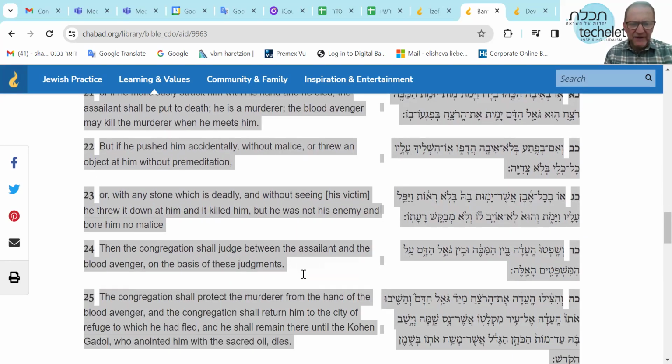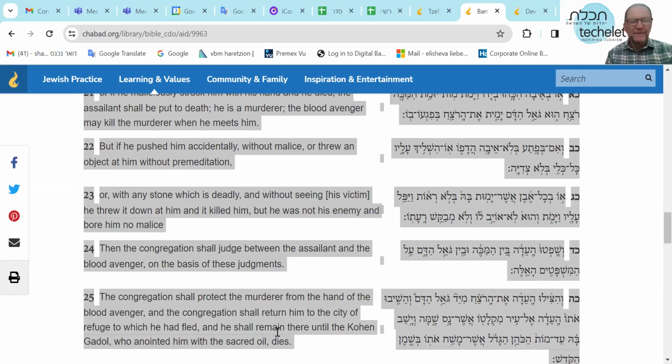And then when we get to verse 25, the congregation shall protect the murderer from the hand of the blood avenger, whilst he's in the city of refuge, and the congregation shall return him to the city of refuge to which he had fled, and he shall remain there, as Michael said, until the Kohen Gadol, who anointed him with the sacred oil, dies.